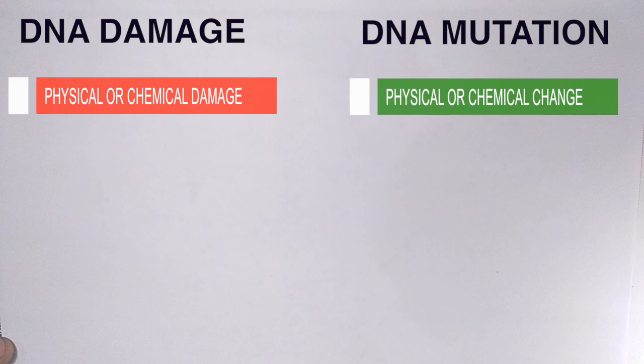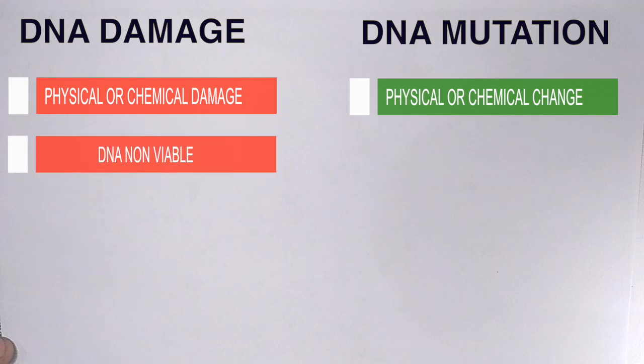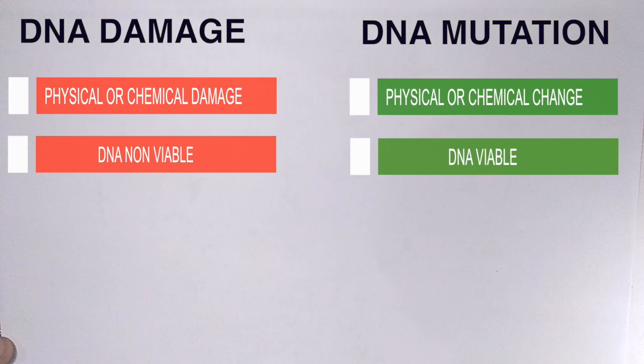In DNA damage, we see it makes the DNA molecule non-viable. So when DNA damage occurs, the DNA molecule is rendered useless within the cell. Whereas DNA mutation does not make the DNA molecule non-viable. It still works, although it may differ from the normal DNA molecule, like it may produce a non-functional protein in the end.